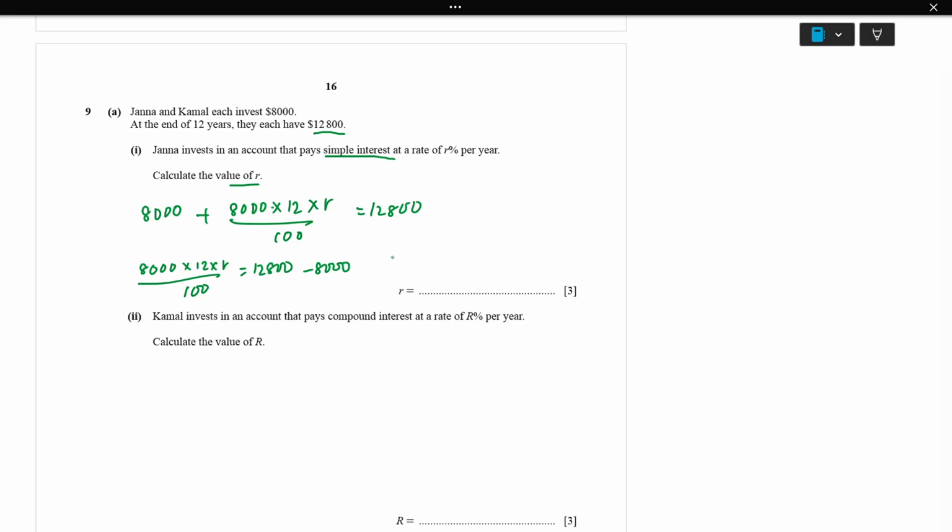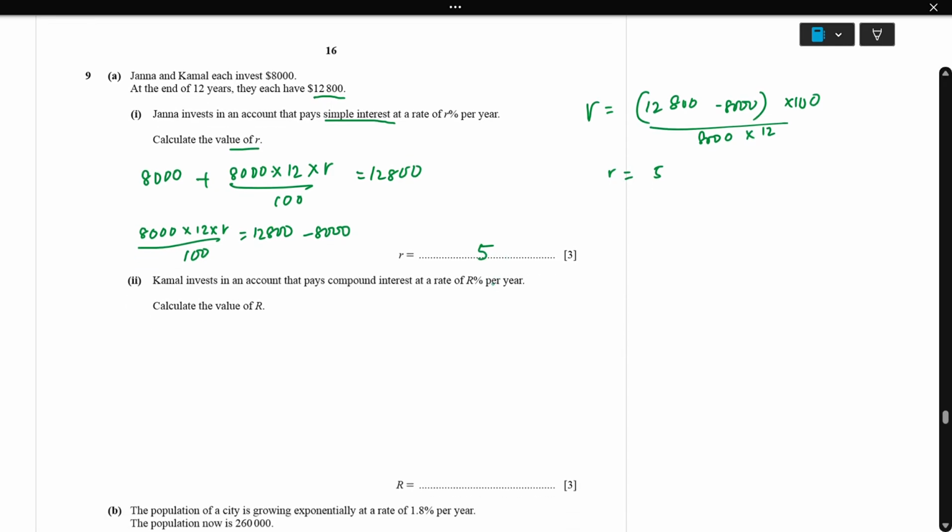The next step, R is equal to 12,800 minus 8,000 times 100, then over 8,000 times 12, which gives R equal to 5. The answer is going to be 5%.